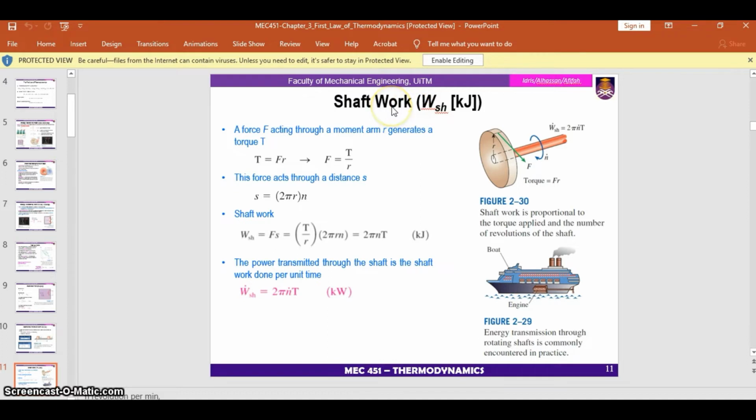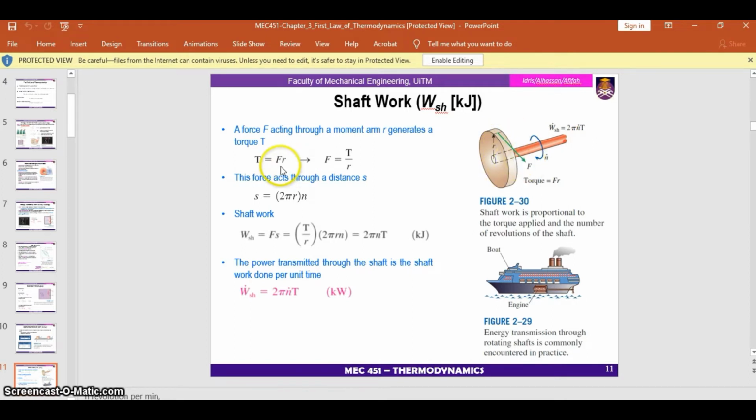If you want to find the work from the shaft, the formula that can be used is work equals 2 pi n T, where T is the torque that may be given to you in the question or in the case. This is how the simulation of torque occurs around us. We have tangents, rotations, the force.